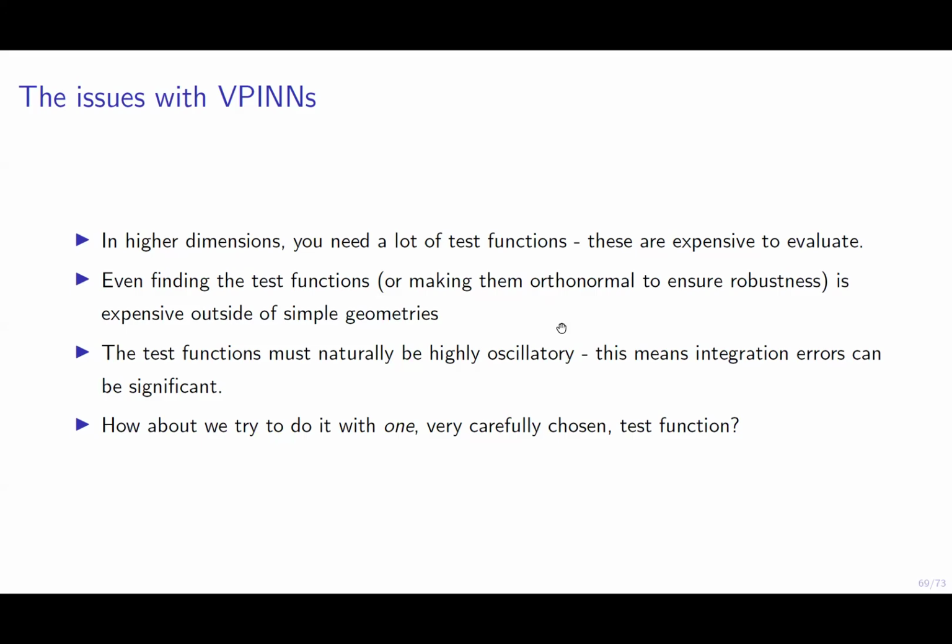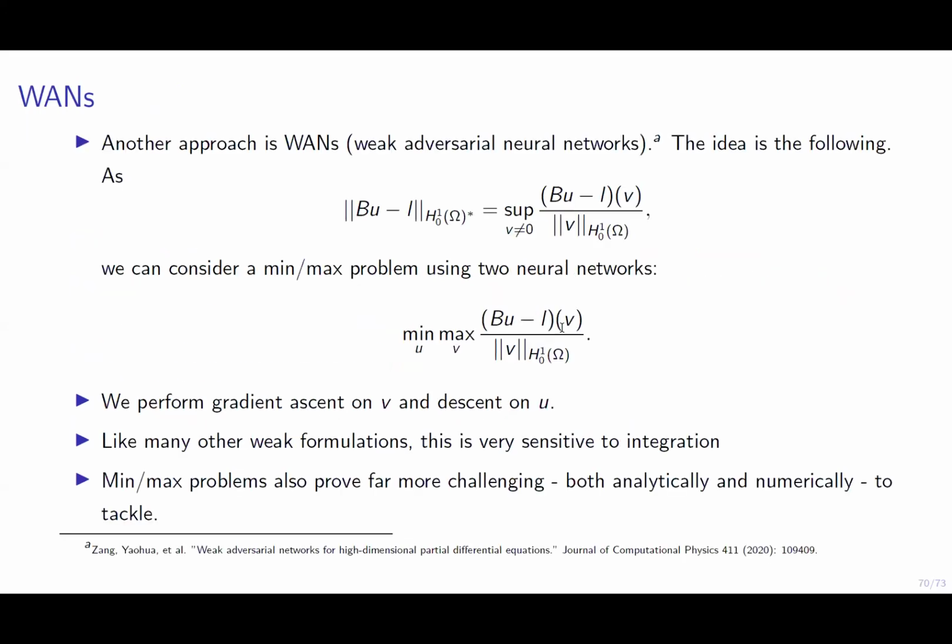One method which tries to overcome all of these issues about how to correctly choose the test space is to do everything with one very carefully chosen test function. This is the approach of weak adversarial neural networks. If you're familiar with adversarial neural networks in the typical situations, like generative networks, it's based on a very similar idea, but in the context of PDEs rather than data science.